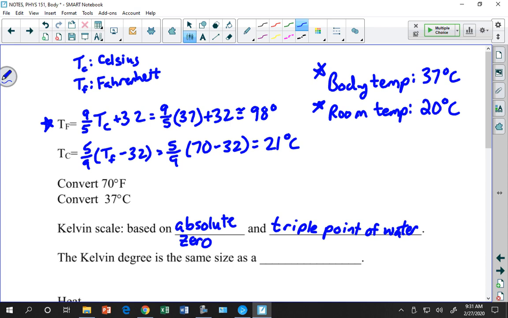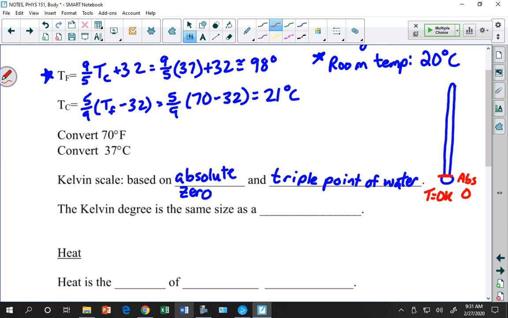So if I draw a thermometer like we had on the previous page, the Kelvin scale starts down here, which would have absolute 0. And we're going to call that T equals 0 Kelvin. At absolute 0, all molecular motion stops.